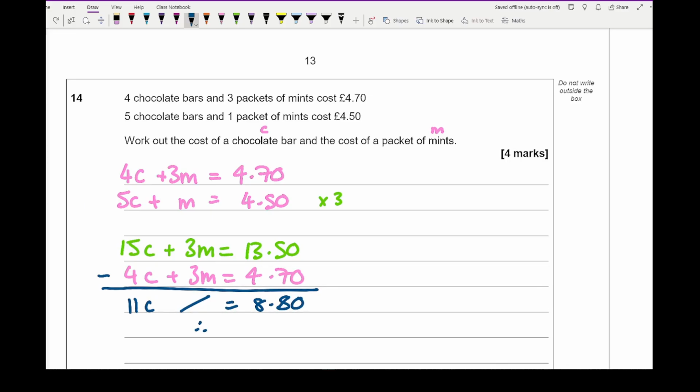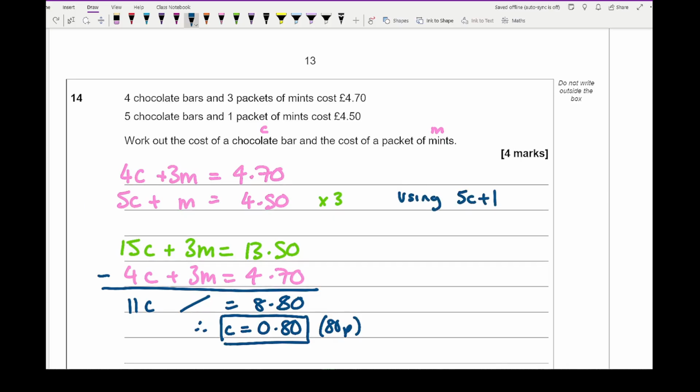So that means that one chocolate bar must cost 0.80, or 80 pence. That's one of the values. Then, using one of the equations, I'm going to go for 5C plus 1M equals £4.50. I know C equals 80 pence, so 5C is going to be £4.